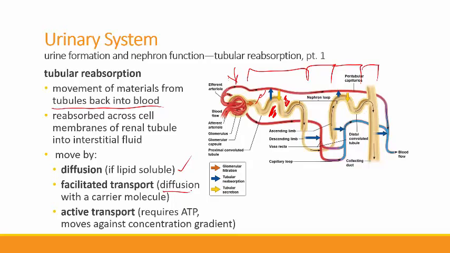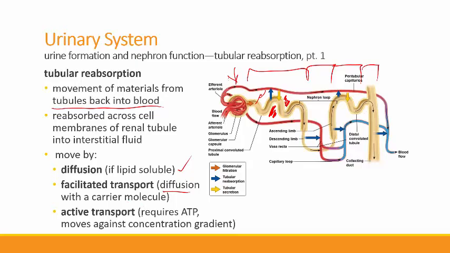So we know it's going down the concentration gradient, but with facilitated diffusion, we move it with the assistance of a carrier molecule, a protein that's found in the cell membranes of the cells that make up the nephron tube.